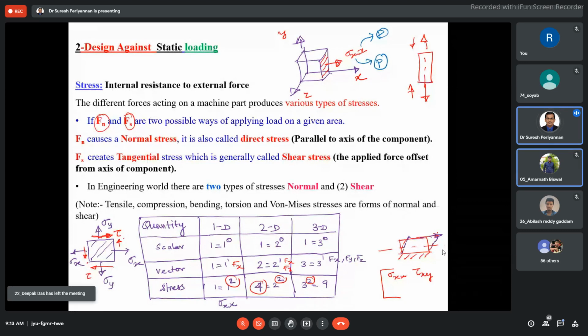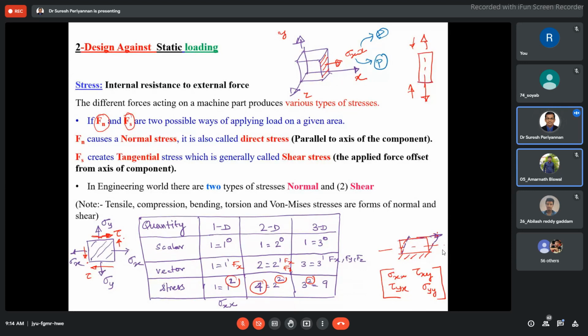Then tau xy, tau yx, sigma yy. This is our tensor in biaxial stress, when the biaxial stress is acting on the component.